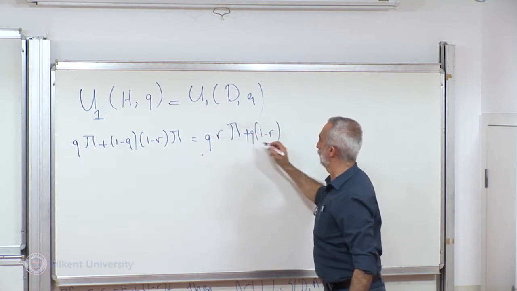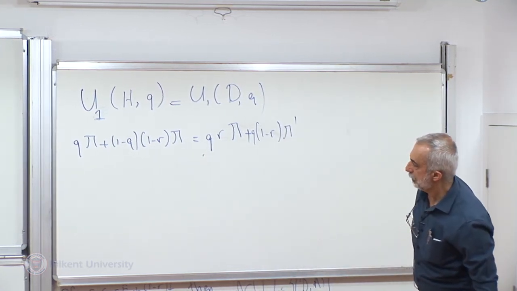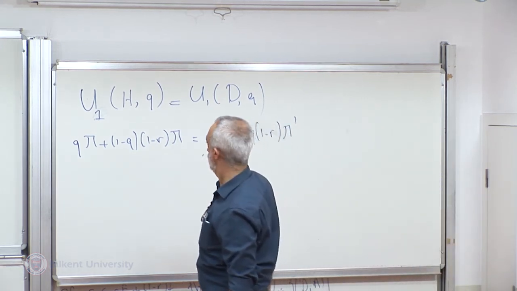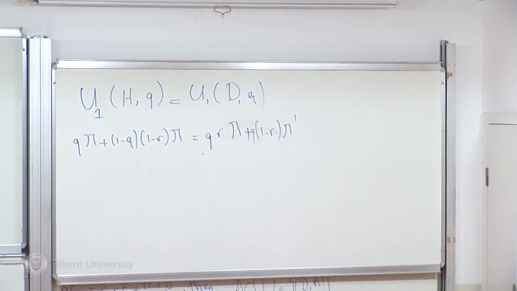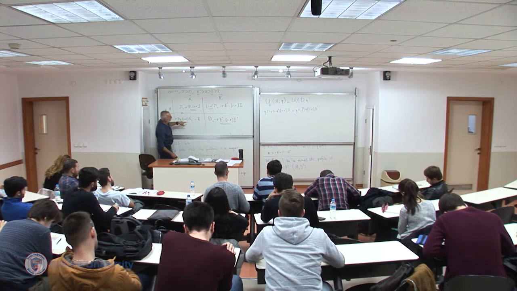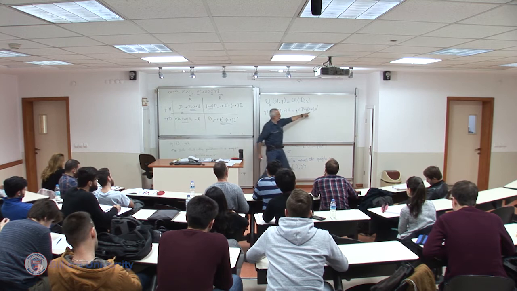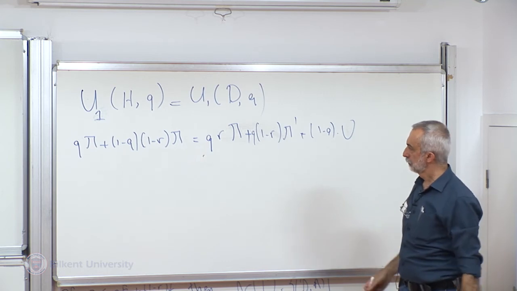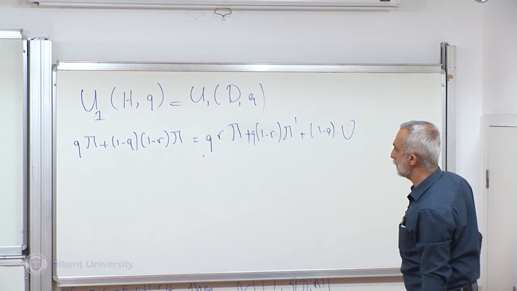Let me put the q here, pi prime. I hope I did not make any mistakes. Yeah, so q times pi plus 1 minus q times 1 minus r pi, equals q times r pi prime, plus 1 minus q times 0. So, what does that imply? What does that give us?